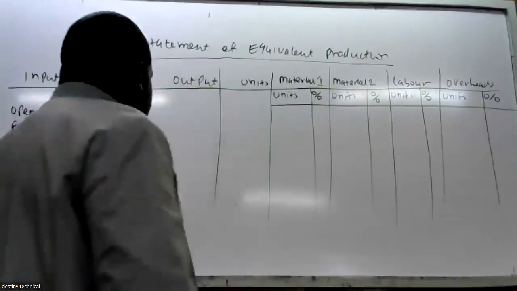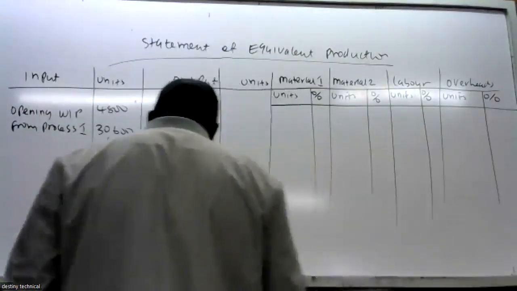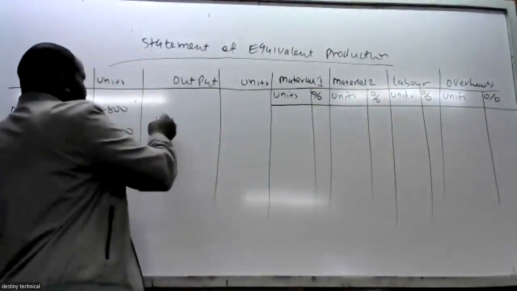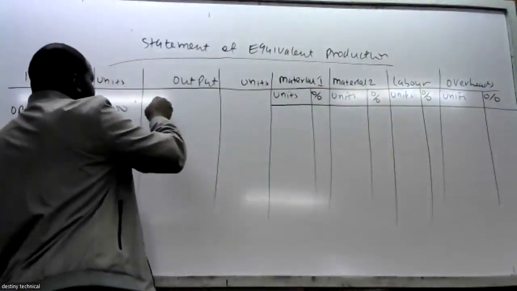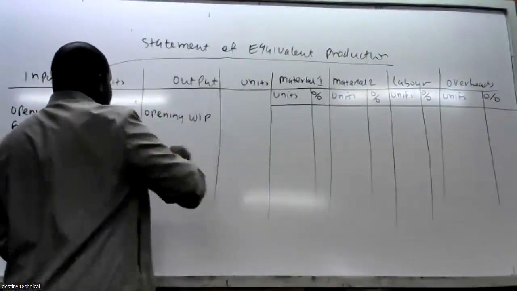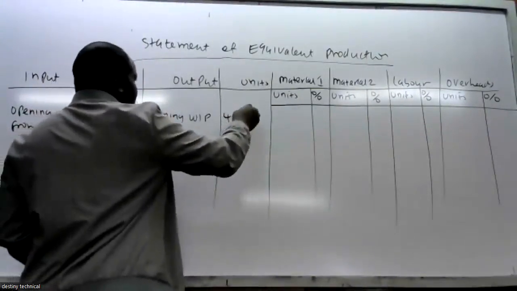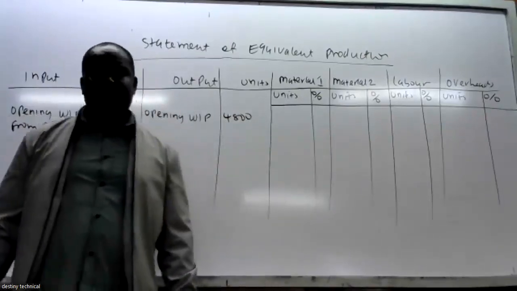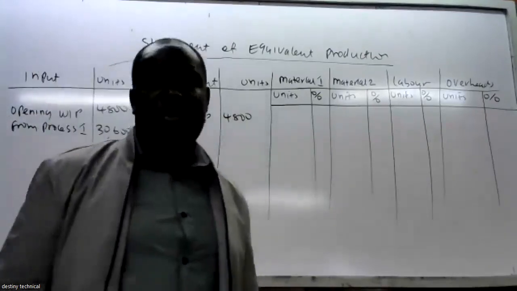Then on the side of the output, we start again with the opening work in progress, which is 4,800. But now you want to know how they were completed.